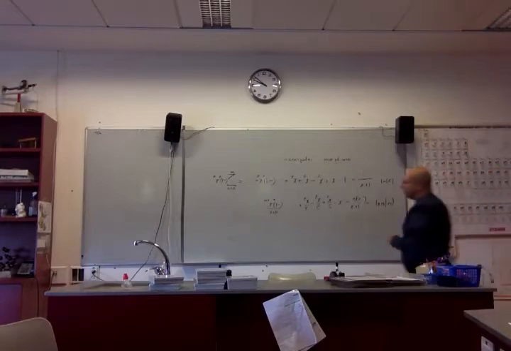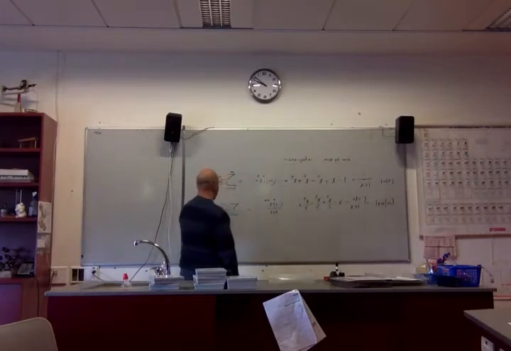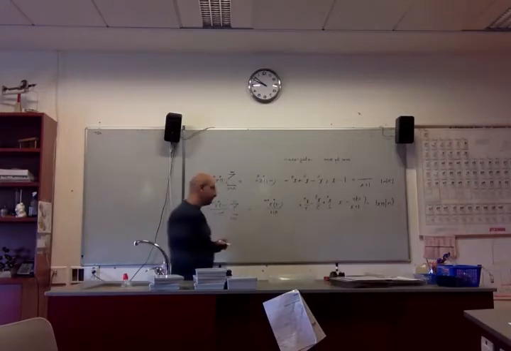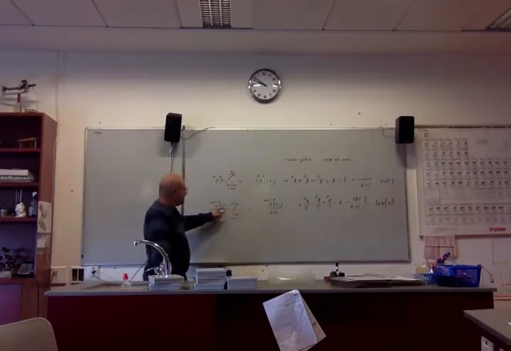So it is -1 to the n, x to the n plus 1 over n plus 1, and n goes from 0 to infinity. Let's see if it works. If I plug in 0, this is how you check it. The first one is x to the 1 over 0 plus 1, it's fine.